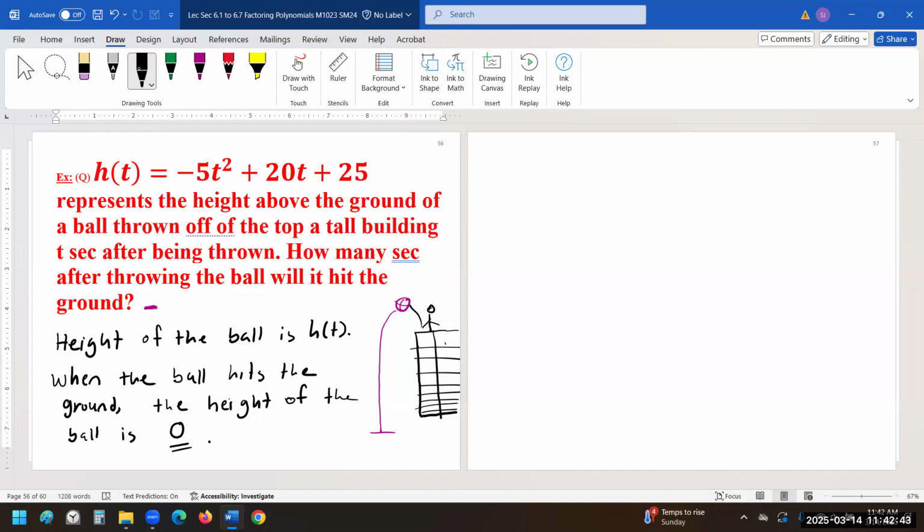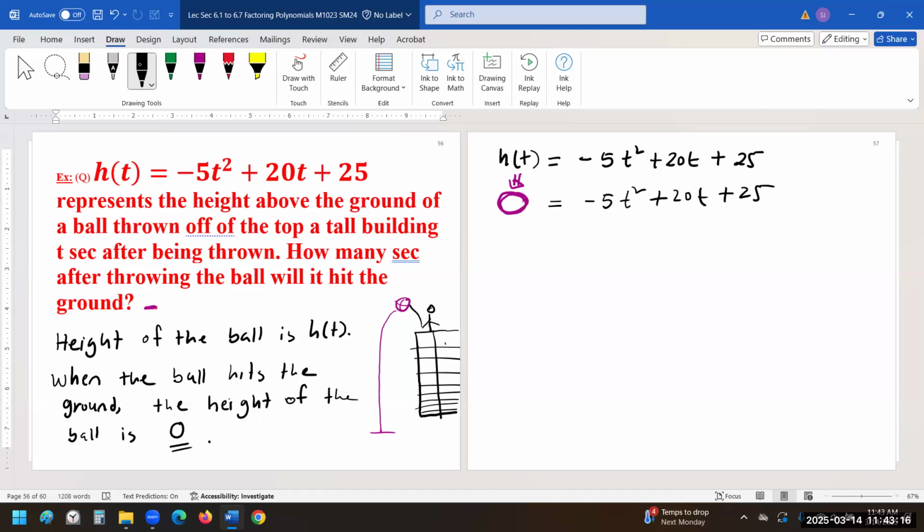So if we have h of t equals negative 5t squared plus 20t plus 25, what is this h of t? 0. So they gave us one side of the equal sign, and we have a quadratic equation on the other side of the equation.